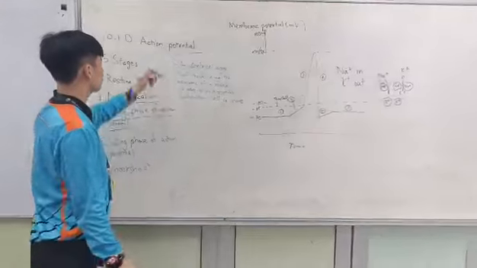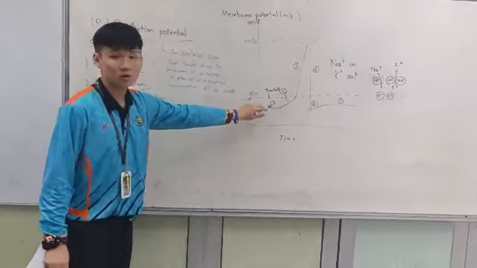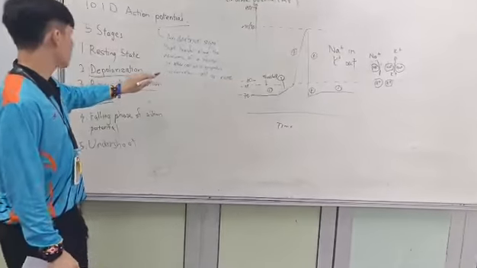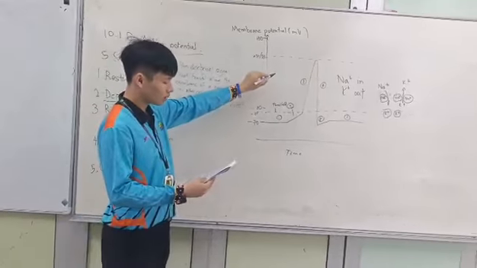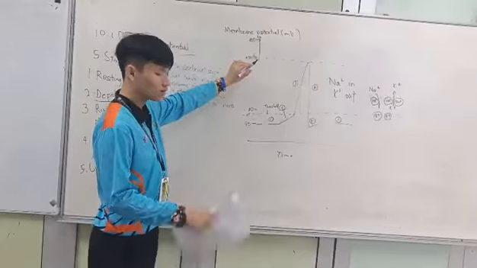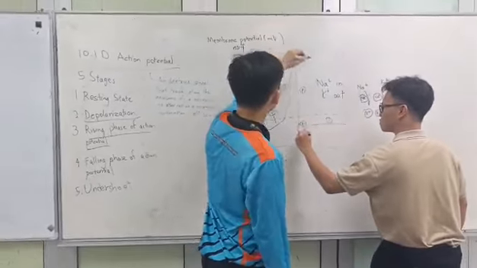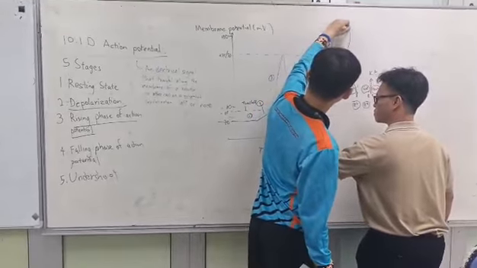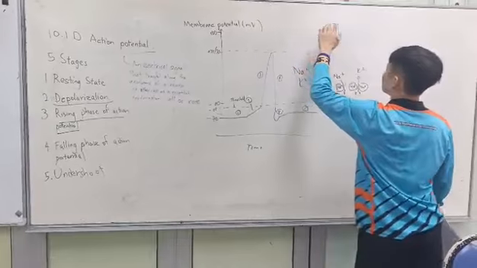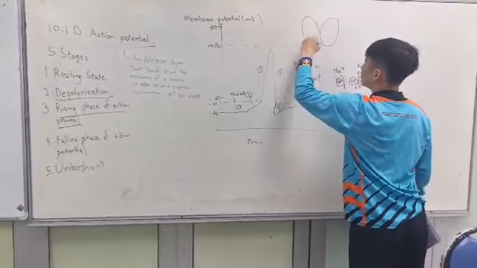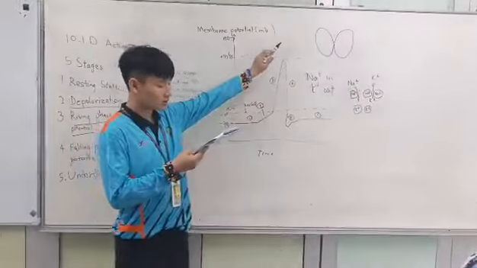This is the resting mark, so no stimulus is present. When a stimulus is present, it will open the sodium channel, which is this. This is the sodium channel, and it will be opened.